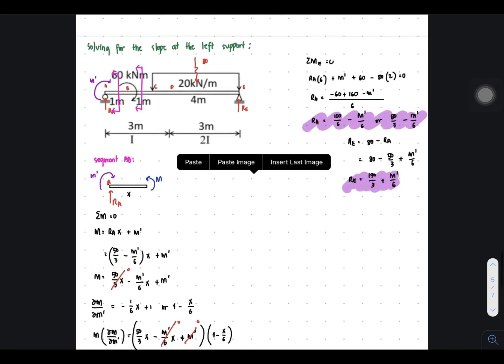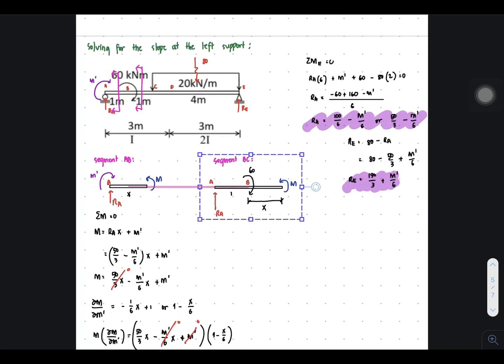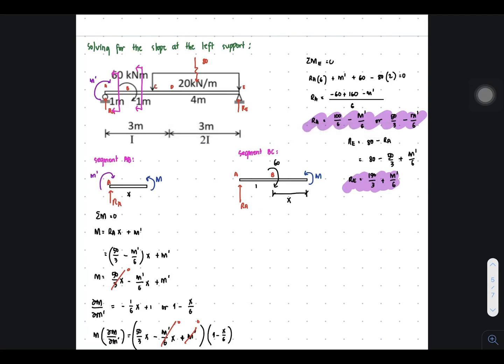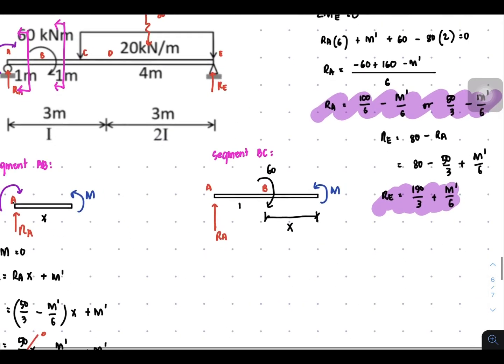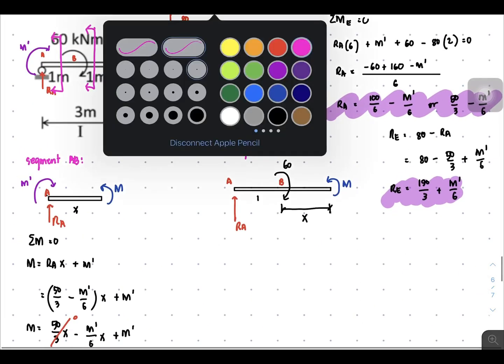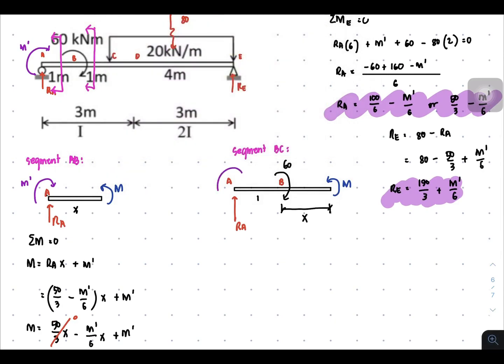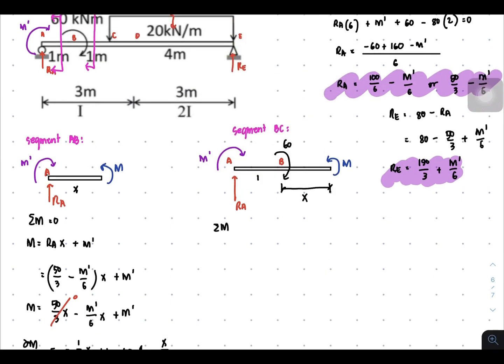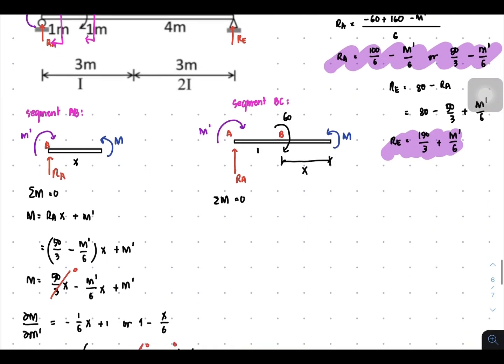And let's paste it here. So this is for BC. And of course, do not forget that at point A there is m prime. So let's now get the moment equation.